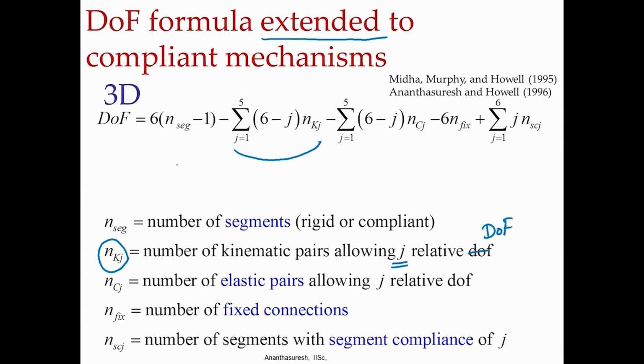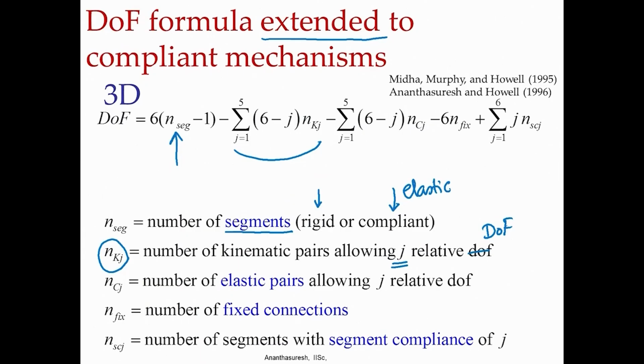But the difference is that here we do not just have n, but we have n subscript seg, meaning we have segments. We do not count bodies anymore, we count segments, and we say that these segments can be rigid, that is a traditional rigid link mechanism, or compliant or elastic segments. We count all of them and that is your n seg.